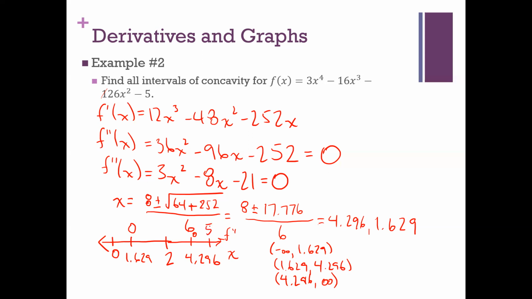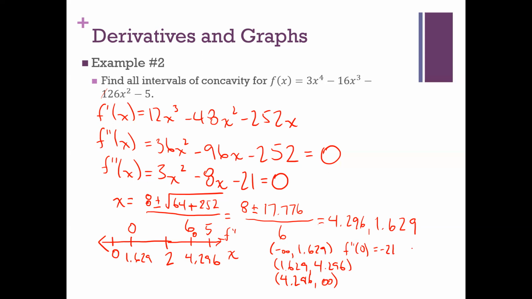Okay. So for the first interval, what is f double prime of 0? Negative 21, which hopefully points out why I said always choose 0 if you can help it.